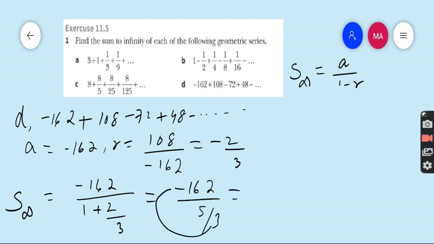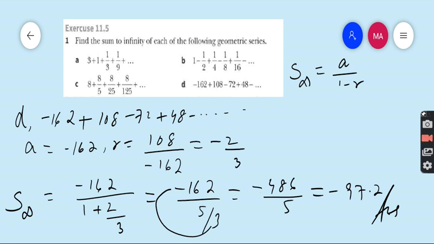This 3 multiplied by minus 162 is minus 486 upon 5. The answer is minus 97.2, a final answer. So this is question number 1.